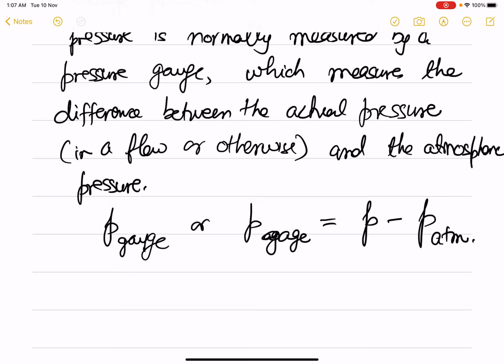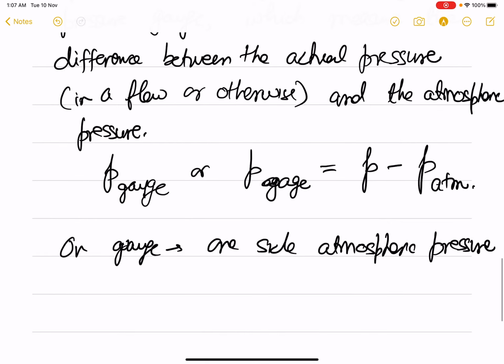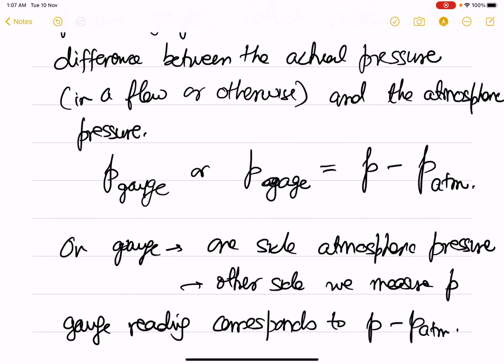Because what will happen is, on one side of the gauge you have atmospheric pressure, and on the other side we measure P. So the gauge reading corresponds to P minus P atmosphere.